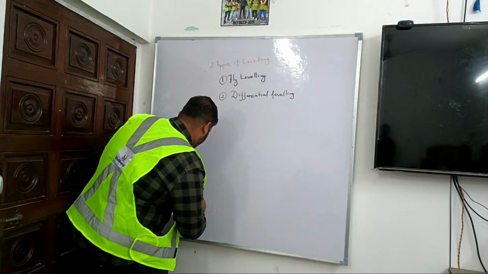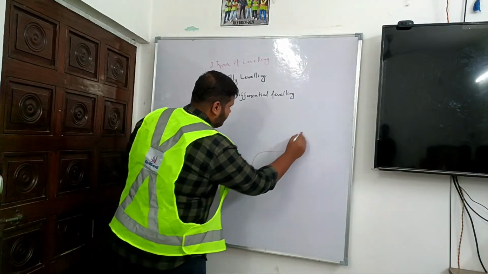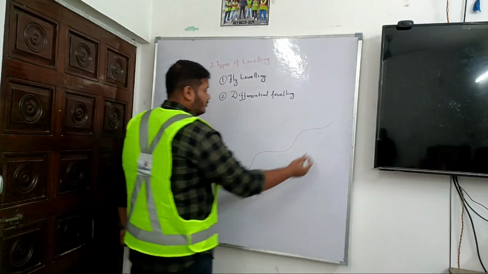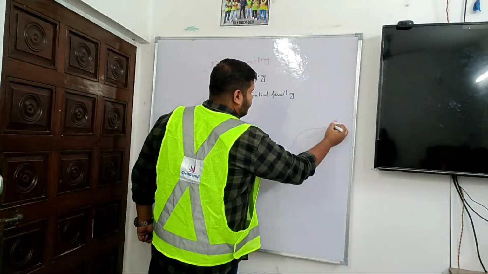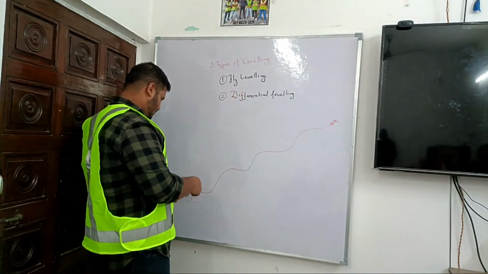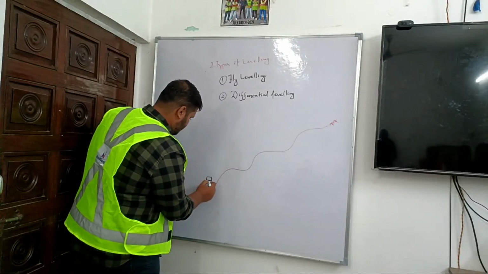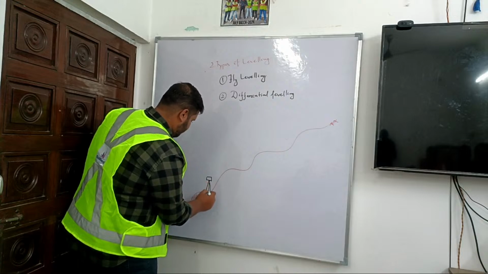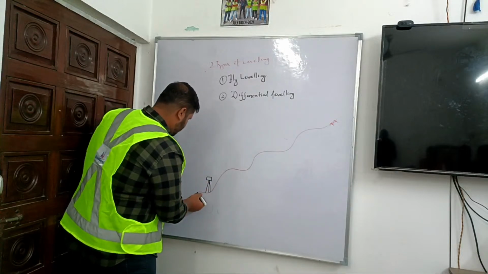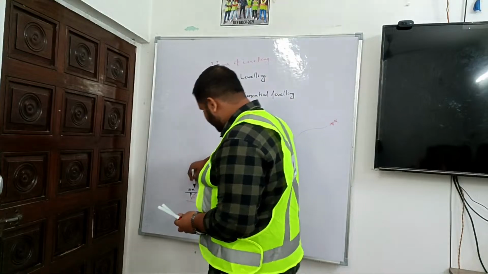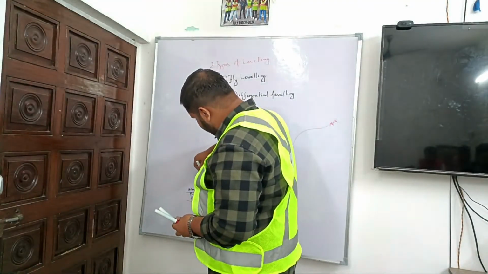By that I mean, let's suppose this is the undulated ground we are trying to perform our survey on, and we have stationed our auto level at this point, and we know this as the benchmark. Let this be 100 meters. Now, if we take our staff here, then we can see the reading.